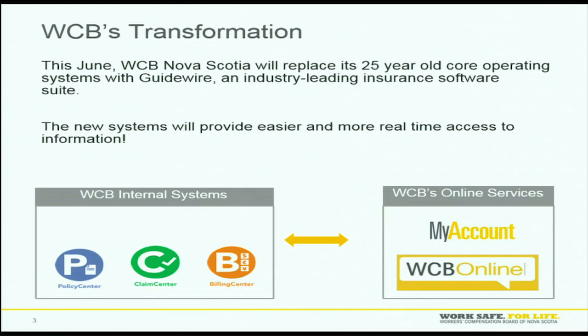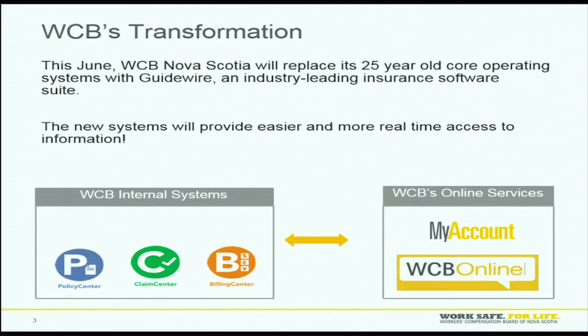So why are we here and why are we doing this? Our current claims management system is what it is. We are modernizing and we are going with a software package called Guidewire. This is used by a number of other insurance organizations across North America and across the world, and it is considered to be an industry-leading software package.